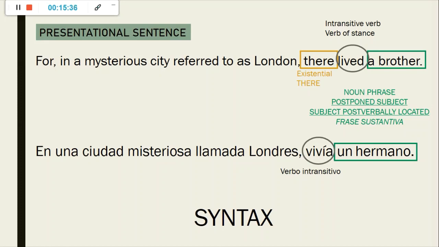The author explains that this type of construction requires an intransitive verb, which is the case of the verb live, and this type of verbs have a presentational meaning, a presentative meaning. And the author classifies or places the verb live within the type of verbs of stance, together with remain, stand, lie.